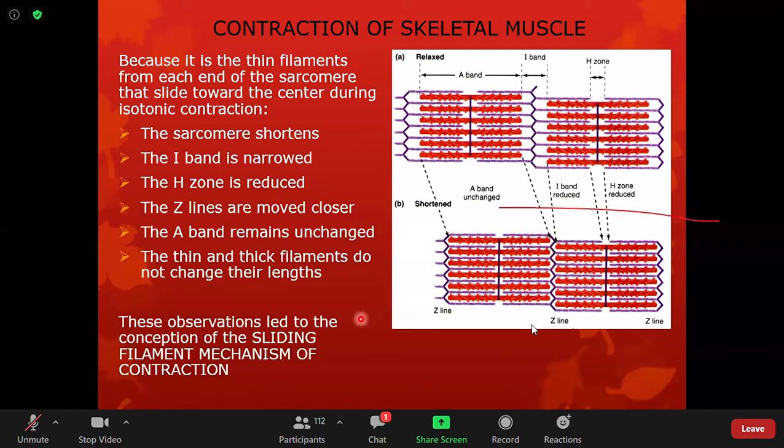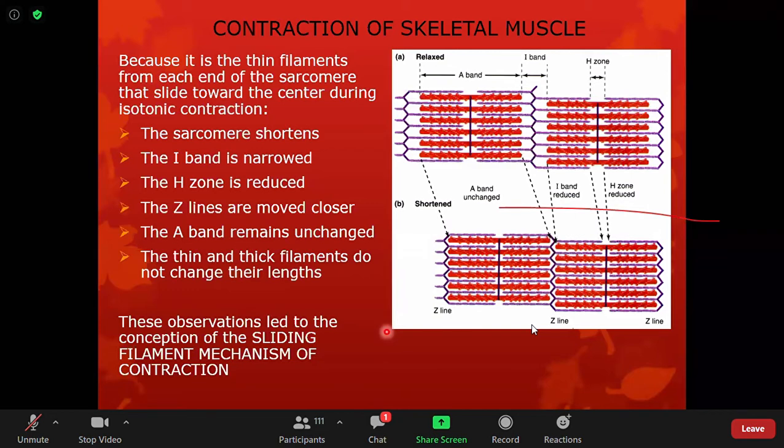So it is always like that. During exams, the questions are multiple choice questions. Select the best answer. So what is your best answer there? A, the sarcomere shortens. B, the I band is narrowed. Letter C, the H zone is reduced.